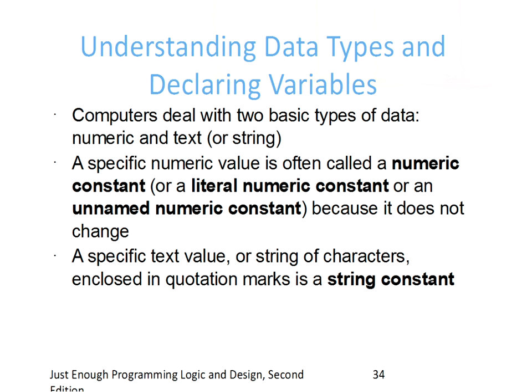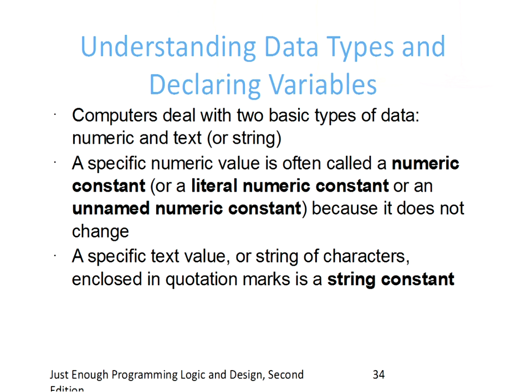So we might have tax rate. Tax rate is 8.25%. If you just say 0.0825, it doesn't mean anything. If you say it's a constant, but it is the tax rate, then it has some meaning. It's not just 0.0825, but you know that that is the tax rate.